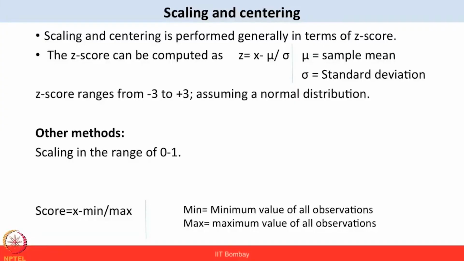So what are the other methods available for scaling and centering? In z-score, we assume that your data distribution is a completely normal or Gaussian distribution, but that is not always the case. In real life examples, the distribution may not be perfectly normal, and in that case, assuming a normal distribution is not the right way to go.